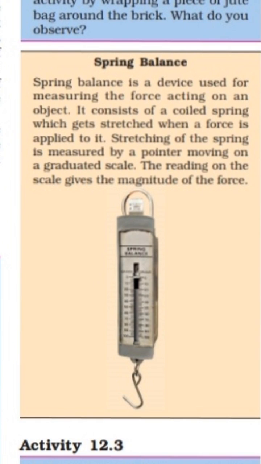It consists of a coiled spring, which is shown in the figure also, which gets stretched when force is applied to it. Stretching of the spring is measured by a pointer moving on the graduated scale, and the reading on the scale gives the magnitude of the force.